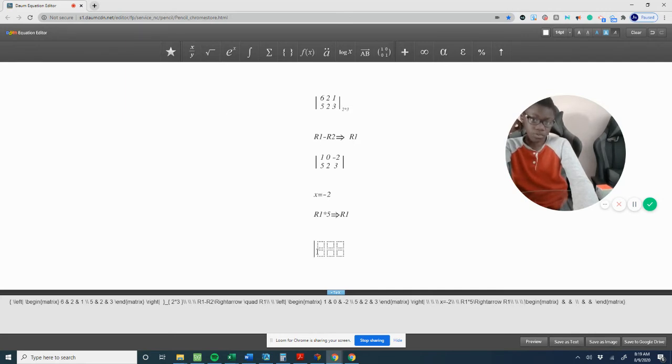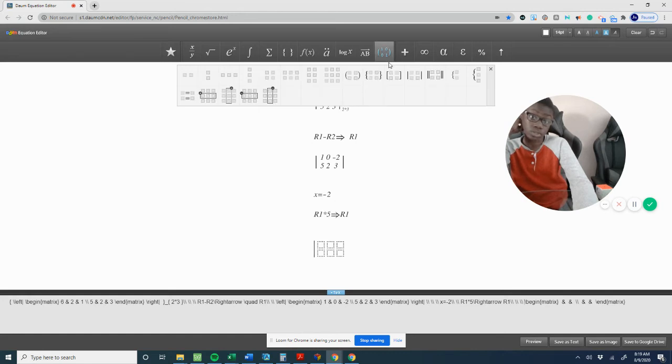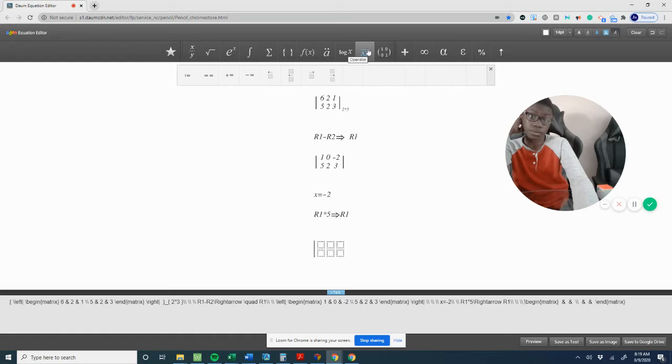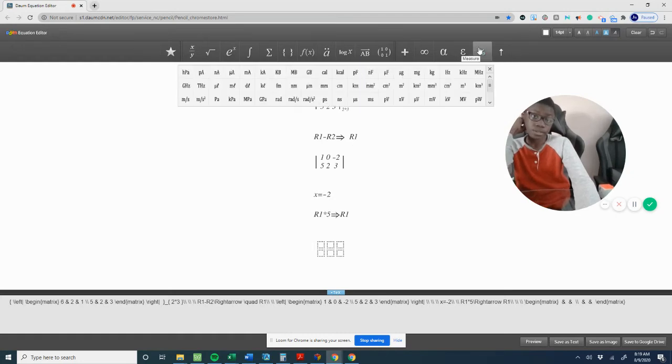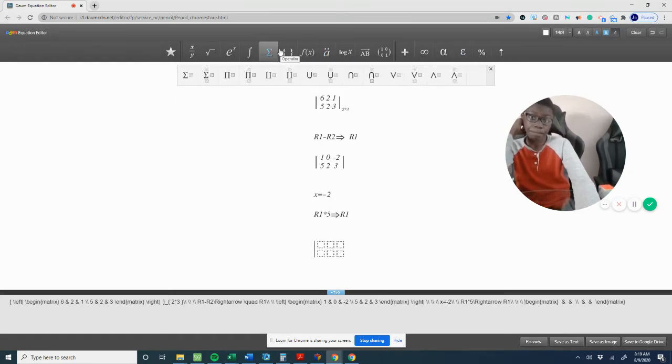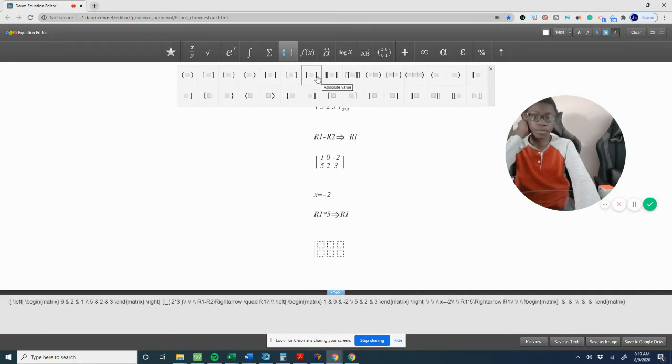Right, so we have our new matrix. I will put these brackets around it.